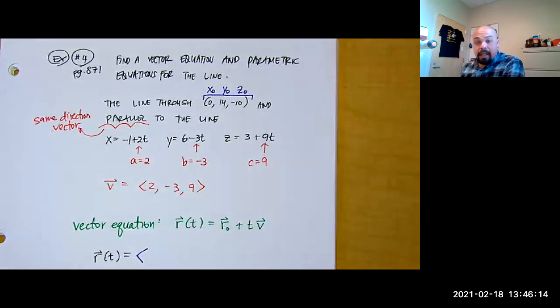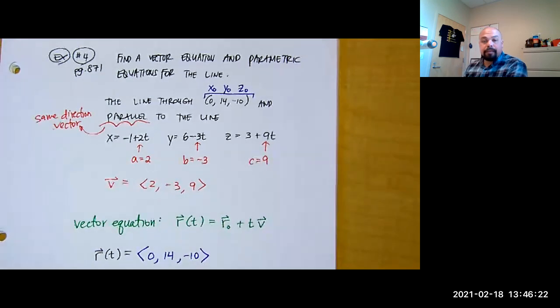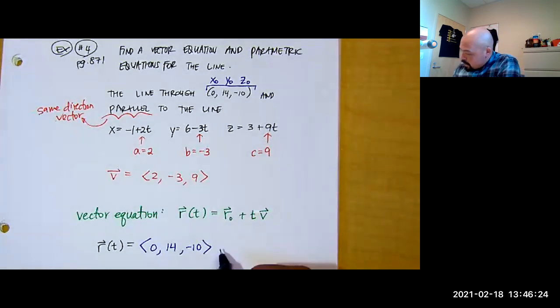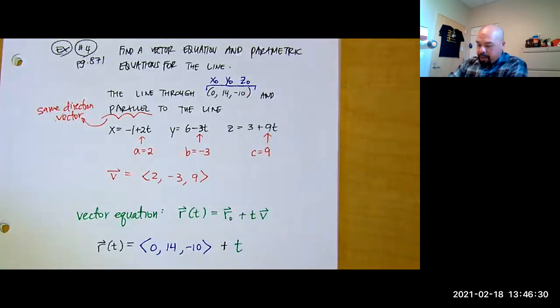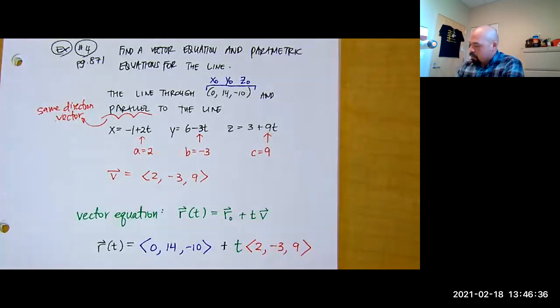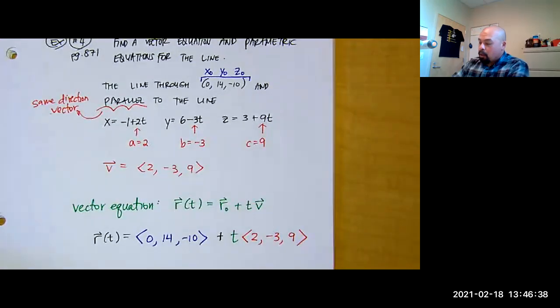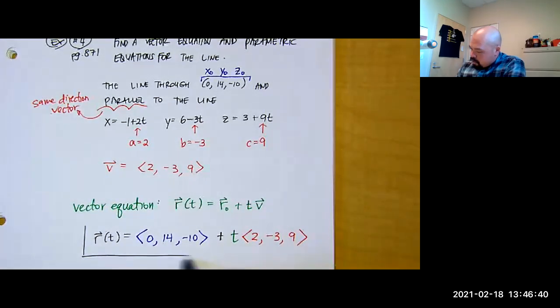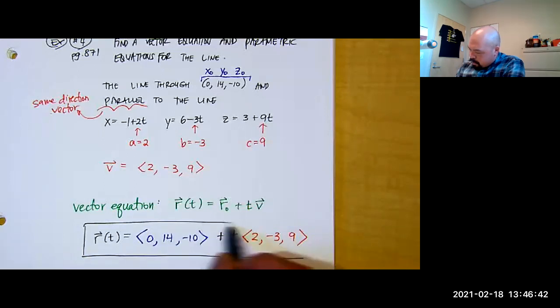So as a vector, our location, our initial point, 0, 14, -10, plus our parameter t times our direction vector, 2, -3, 9. So I'm perfectly happy leaving it this way. I'm not sure what the back of the book says.